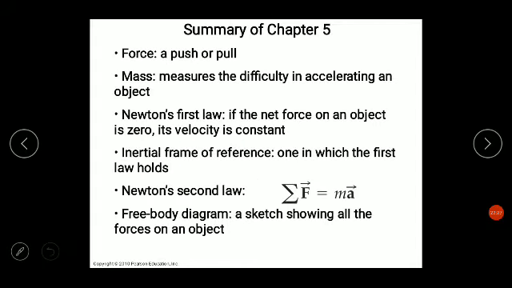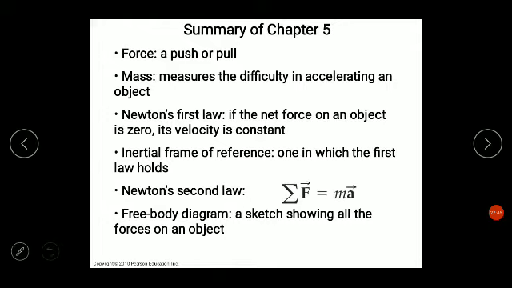Okay, so review. So force is a push or a pull applied on an object. Then mass, it is the measure of inertia. Okay, the greater the mass, the more difficult you are going to accelerate an object. So with that, you have to apply a large amount of force.